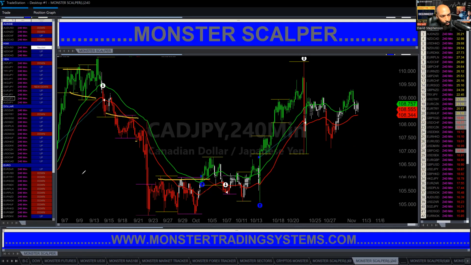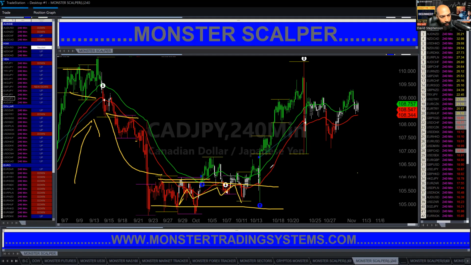Practice those markup phases, markdown phases. Accumulation, markup. Look at Kawisi, look at that big candle here, breaking resistance right here, big candle, markup. Broke support right here, exit, bought here, sold here. So practice.